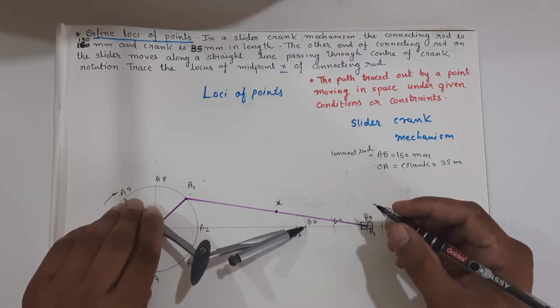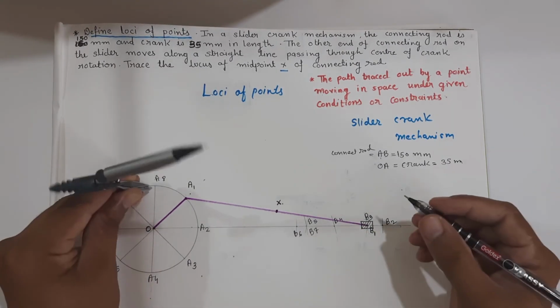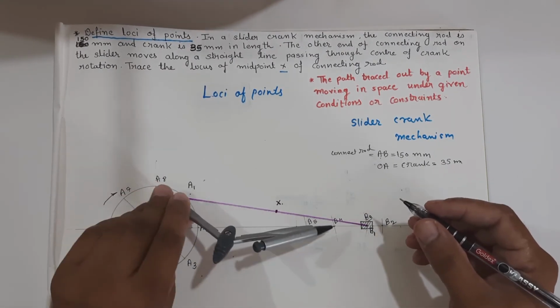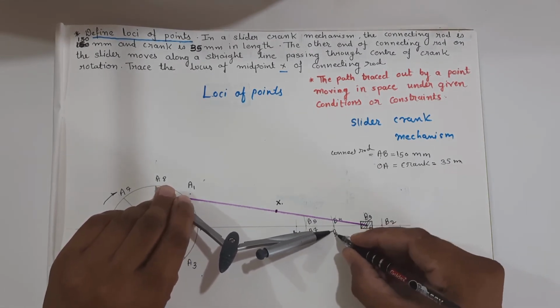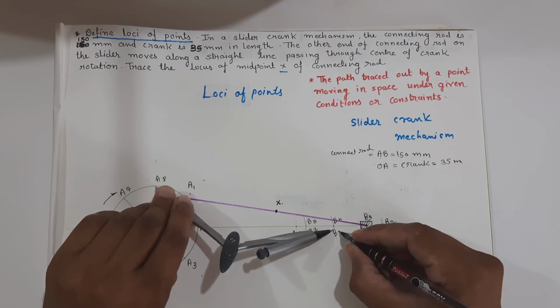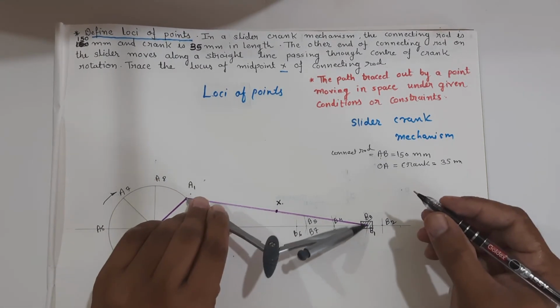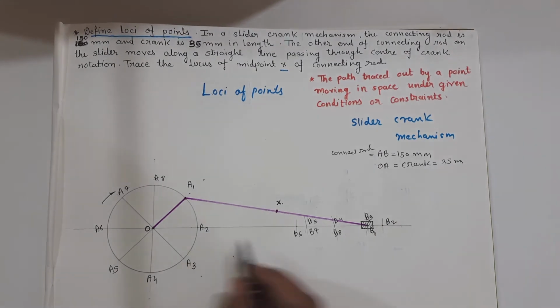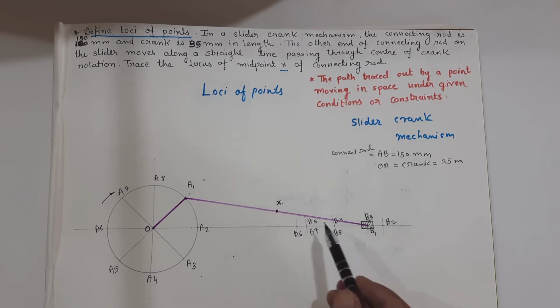We will get B7 at B5, so this is B7. A8 to B8, we will get B8 at the same point as B4, so this is B8, and again A1 to B1. So these are the loci of B: B1, B2, B3, B4, B5, B6, B7, B8.